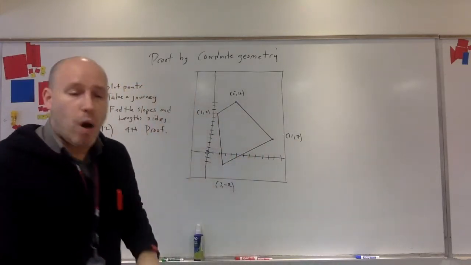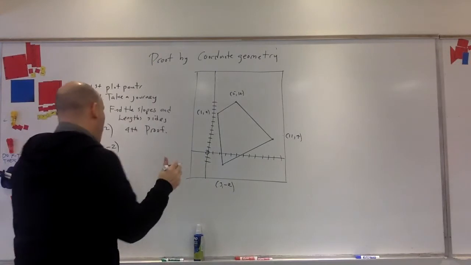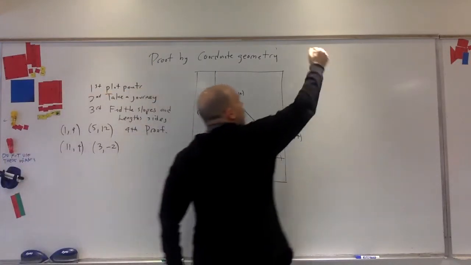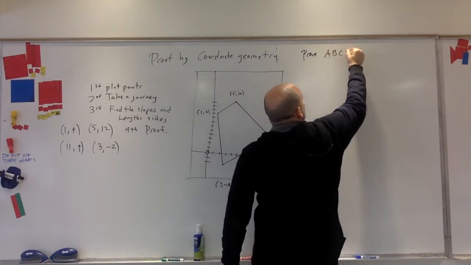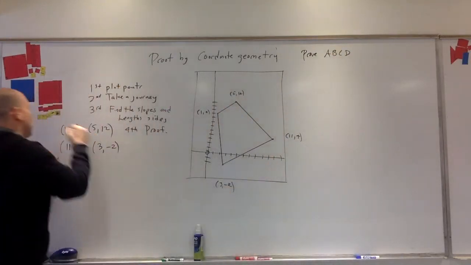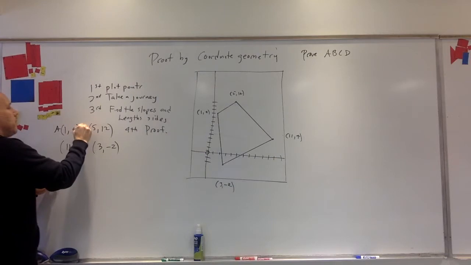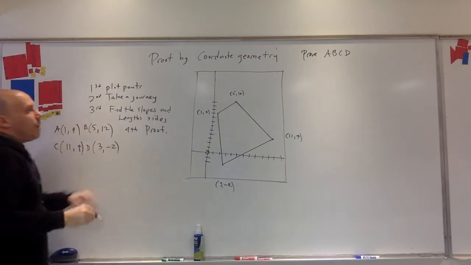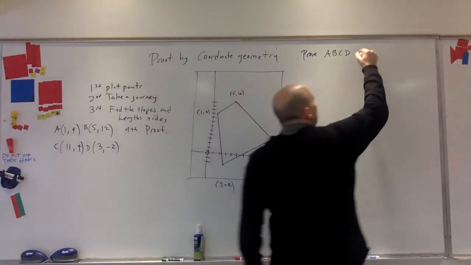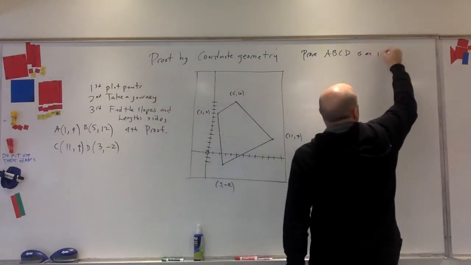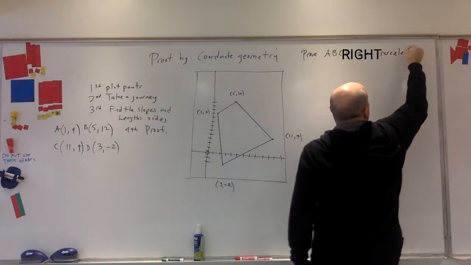And so what you're going to be asked is to prove that ABCD, where this is A, this is B, this is C, and this is D, is an isosceles trapezoid.